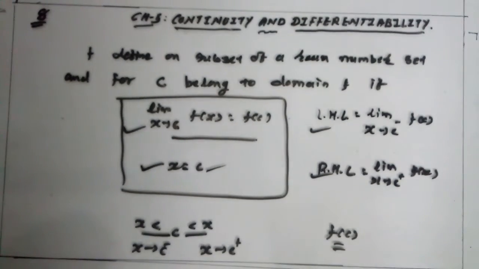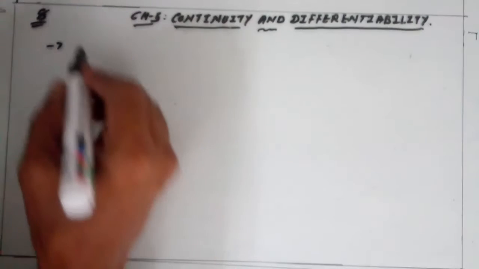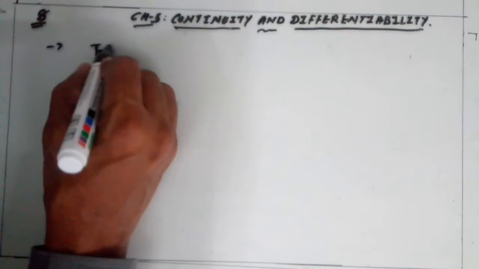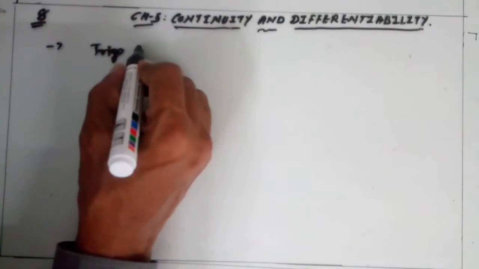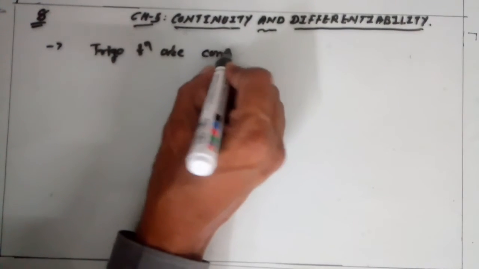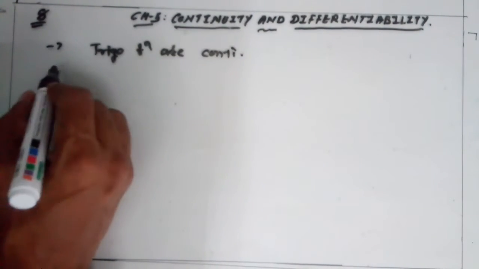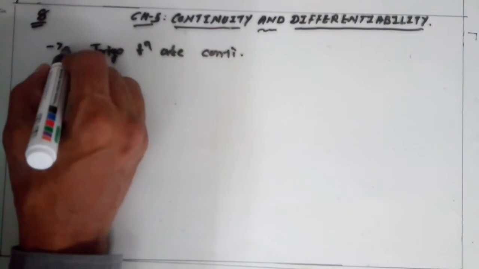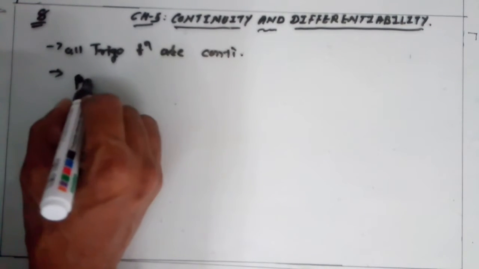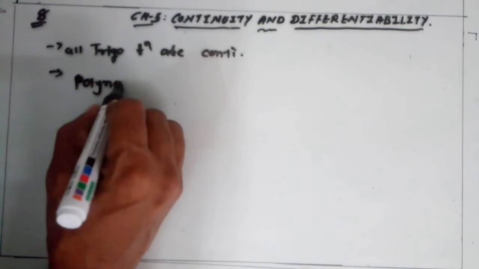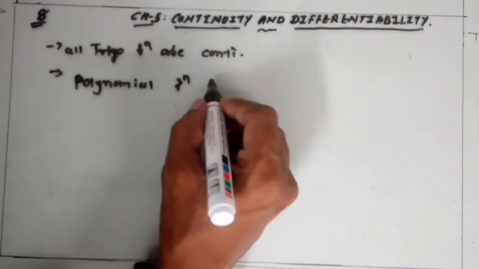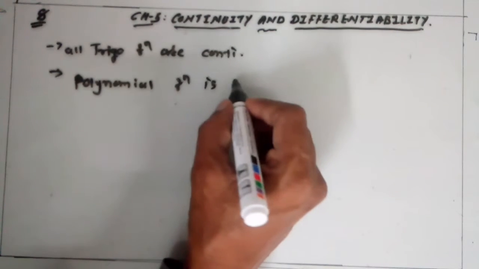Remember this here, every trigonometric function is continuous. Remember this, all trigonometric functions are continuous. Clear? Second, a polynomial function is also continuous.